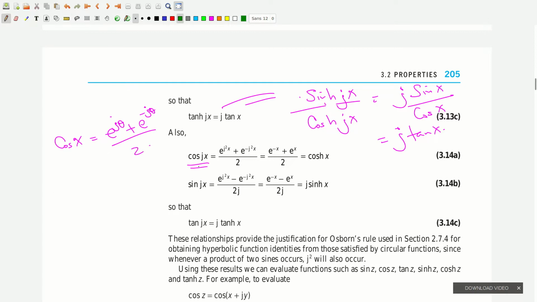Therefore, if I want cos jθ, I multiply by the j here, it becomes j squared, and then I multiply by the j here, it becomes j squared.